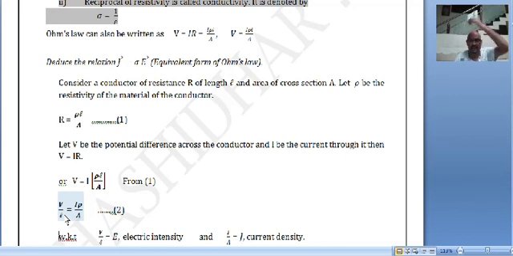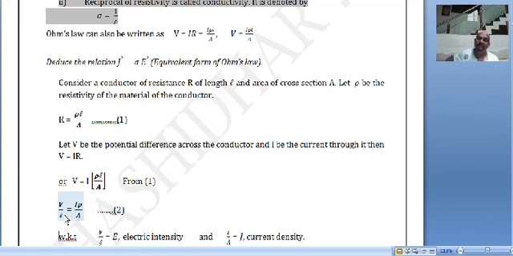V is equal to IR according to Ohm's law, or V is equal to I rho L divided by A. Now if you modify that equation, V by L is equal to I rho divided by A.